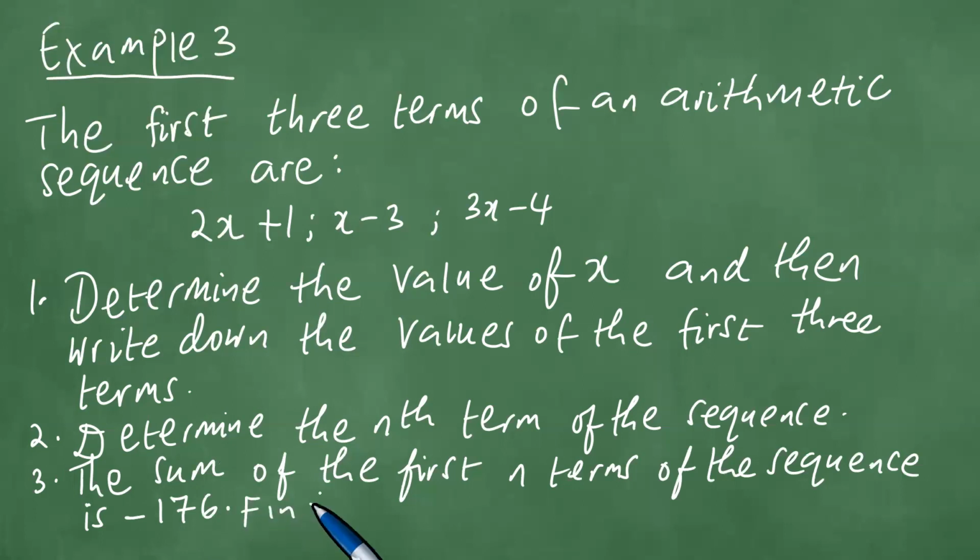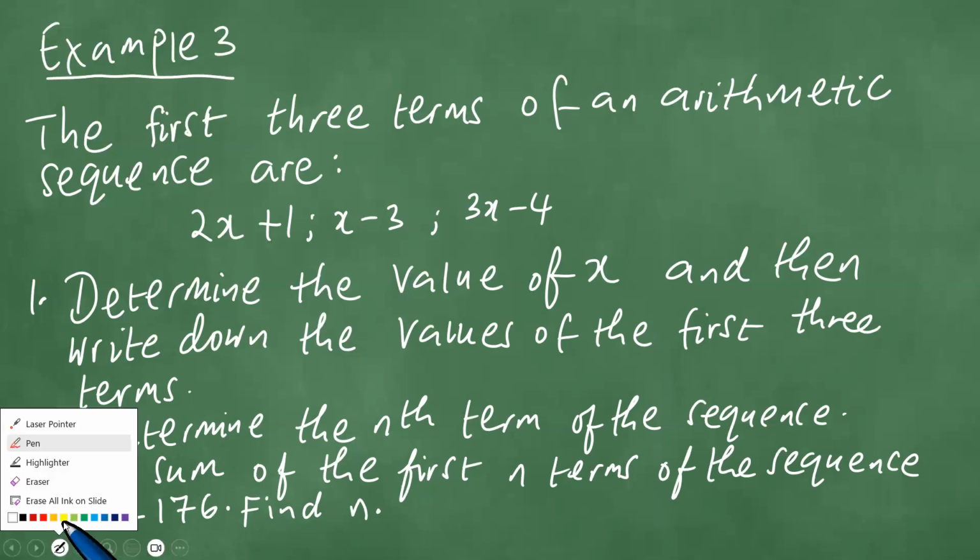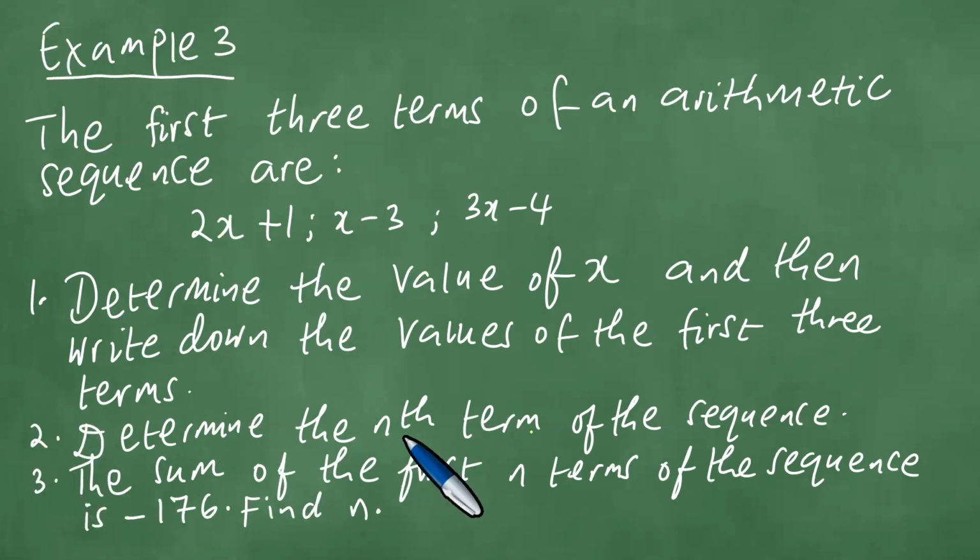Find n. Right, this question is given like this, but there are marks given, because these are past exams. So this was given 3 marks, this one was given 2 marks, and number 3 was given 5 marks.